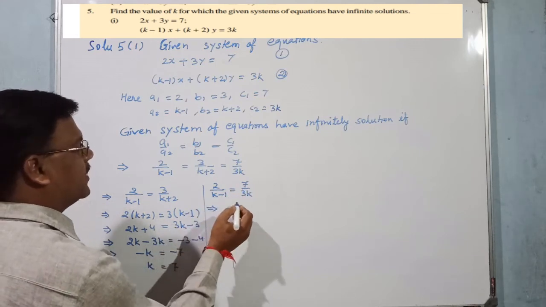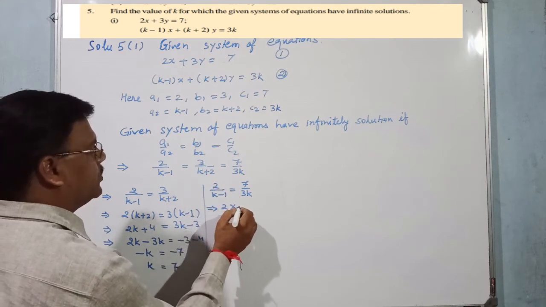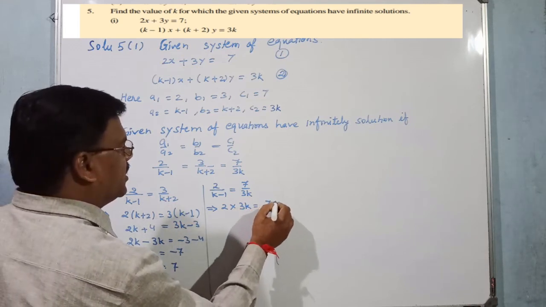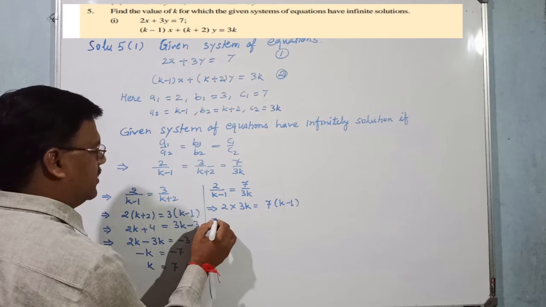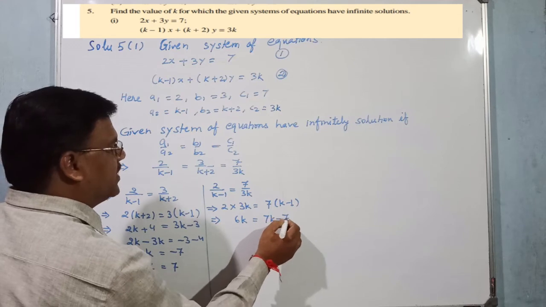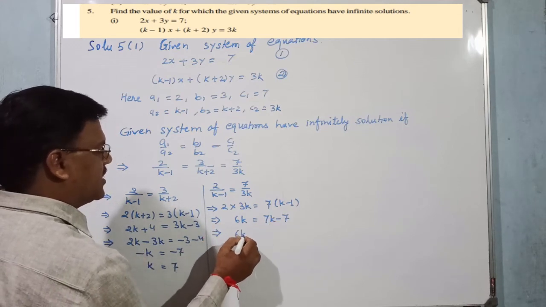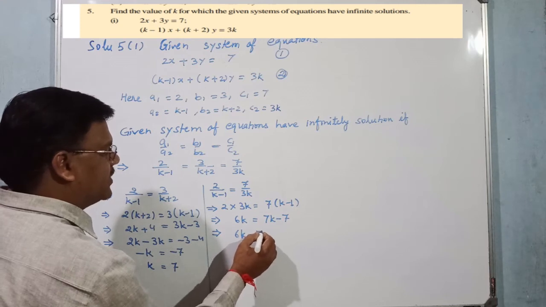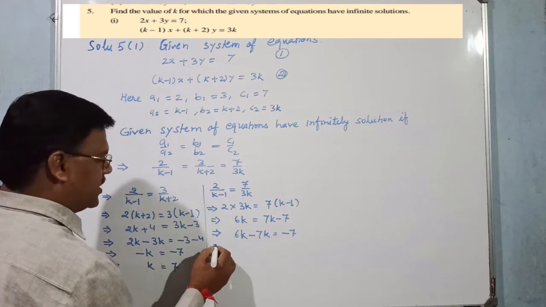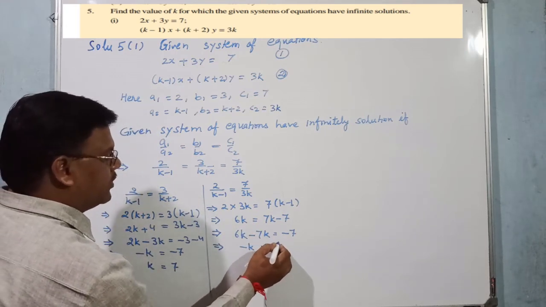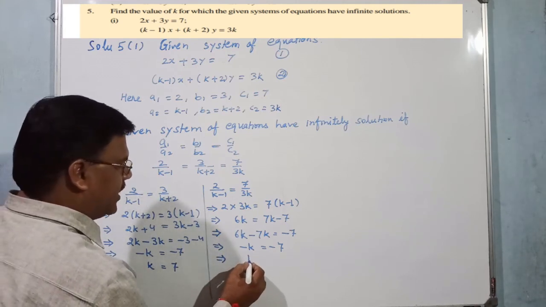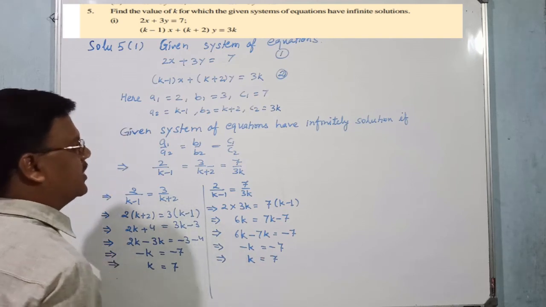Cross multiply. 2 multiplied by 3k is equal to 7 into k minus 1. 6k is equal to 7k minus 7. 6k, 7k transpose to left side. Minus k equal to minus 7. Multiplying minus both sides, we get k equal to 7.